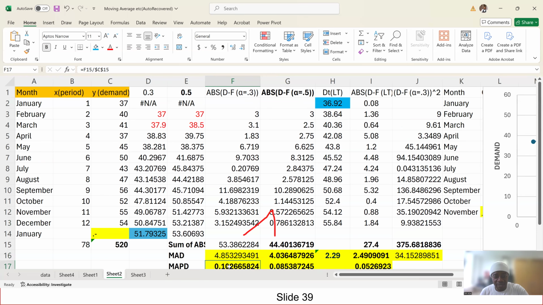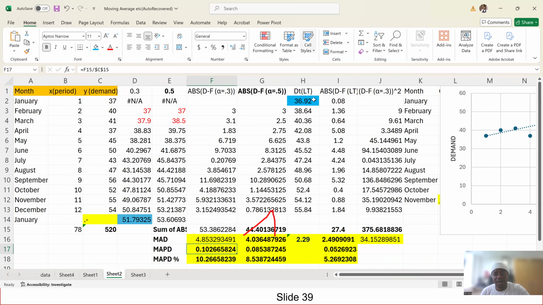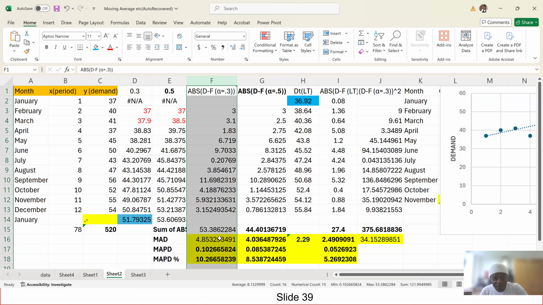So you look down here. When alpha is 0.3, this column here. You will see that first of all, I found the absolute value of the difference and I got 53.